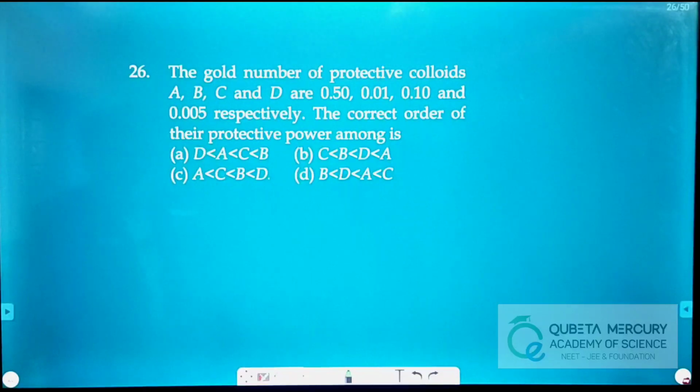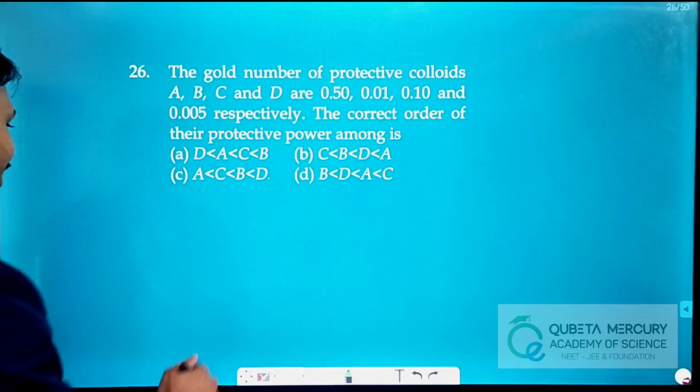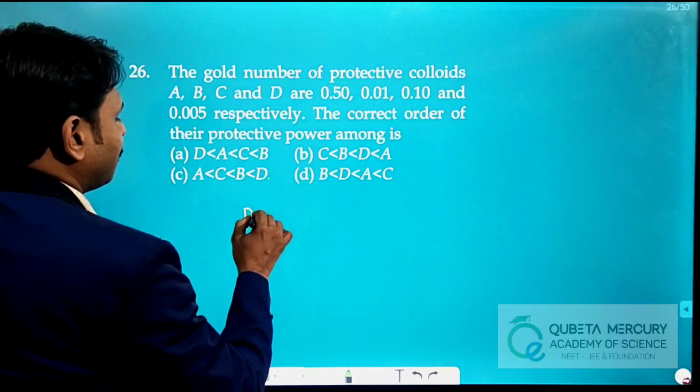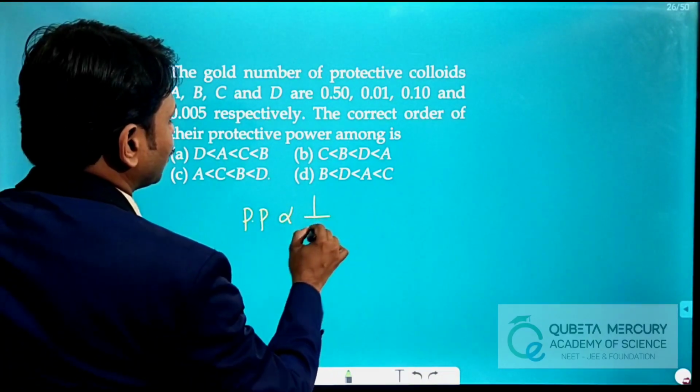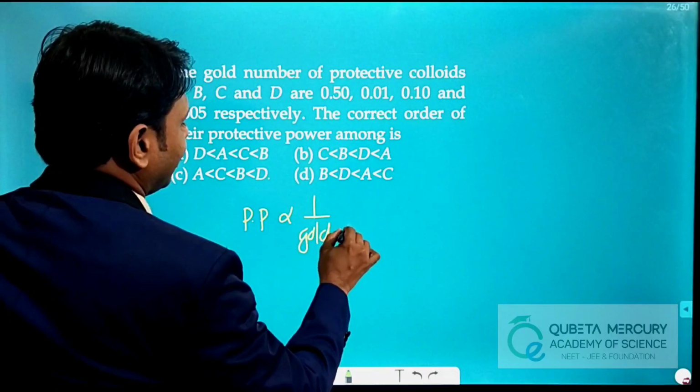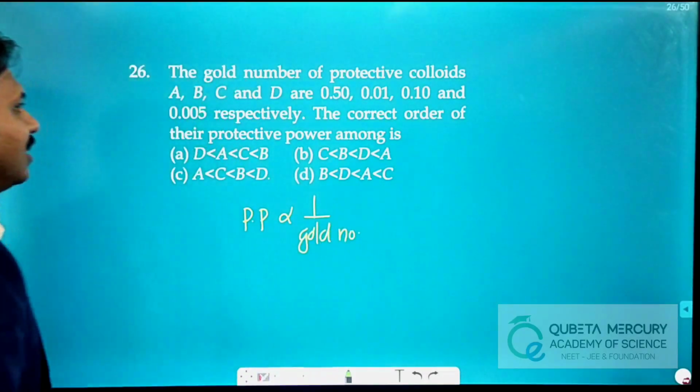The golden numbers of protective colloids A, B, C, and D are 0.5, 0.01, 0.10, and 0.005 respectively. The correct order of their protective power among them? Protective power is inversely proportional to golden number. Do you remember that? Now, which is the right answer?